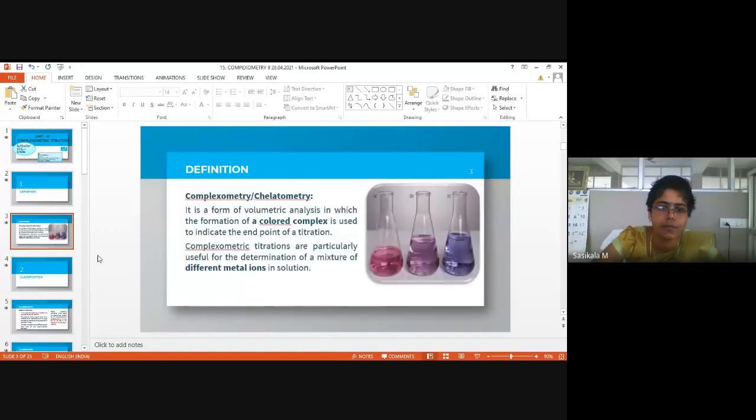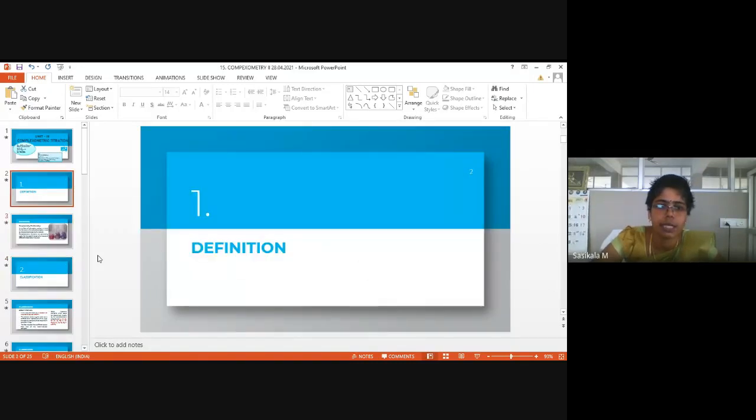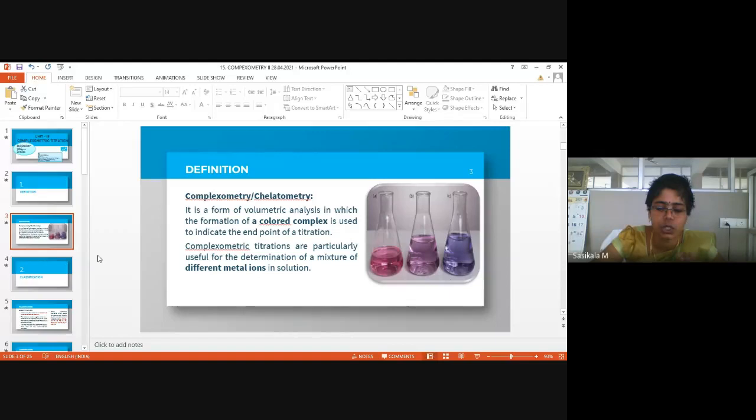So now we have seen the first part: what is complexometric titration. You have observed that it is a volumetric method. Here a colored complex will form, and that color will be different from the initial color of the indicator. That change in color represents the endpoint of titration. We are only monitoring the color change of the indicator here. Here metal ions are analyzed.